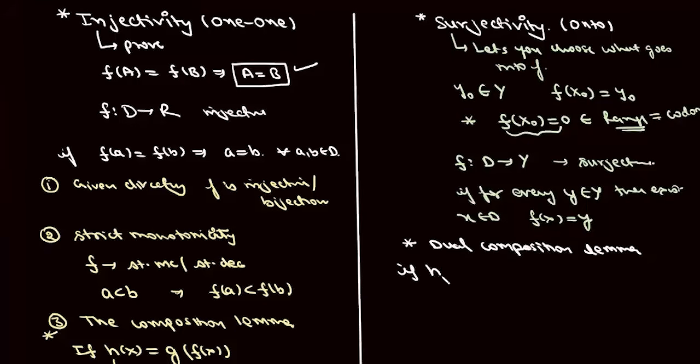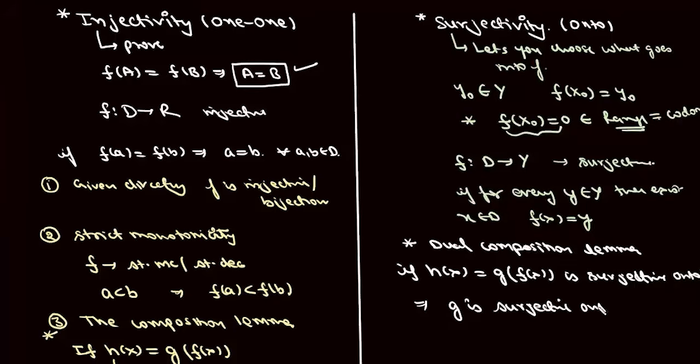So if h(x), which is g(f(x)), is surjective onto Y, then this g is surjective onto Y. So injectivity forces the inner function to be injective, whereas surjectivity forces the outer function to be surjective.